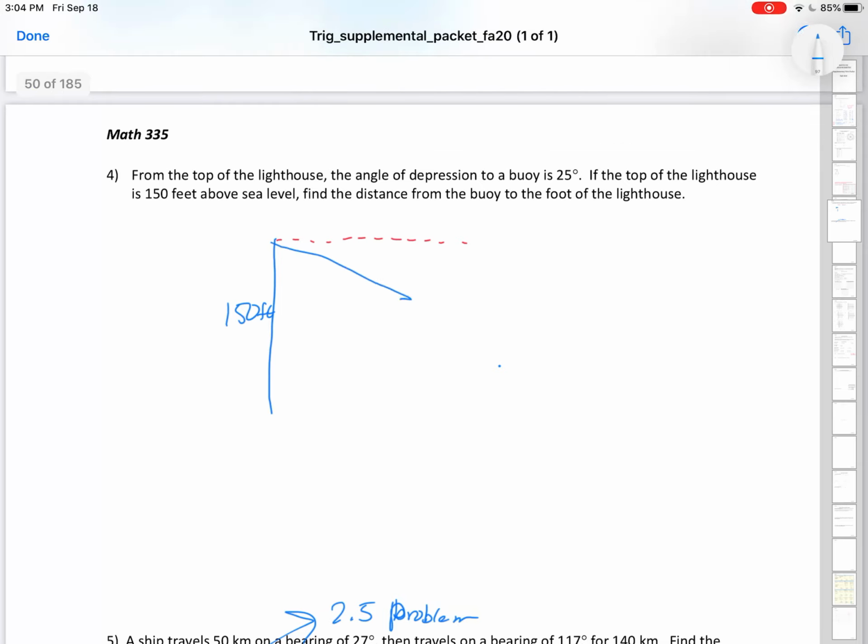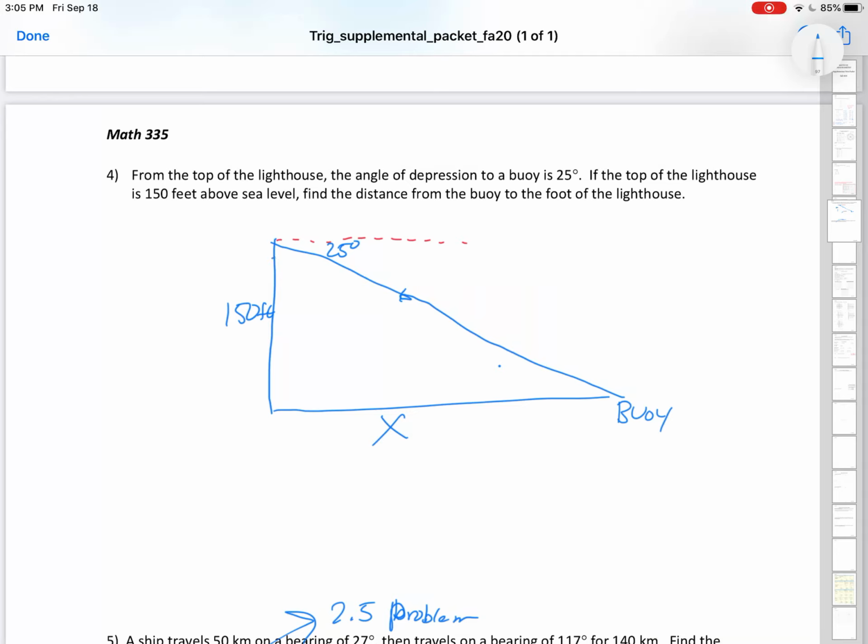The angle of depression is 25 degrees. And here's my buoy. And they want to know, find the distance from the buoy to the foot of the lighthouse. They want to know this.